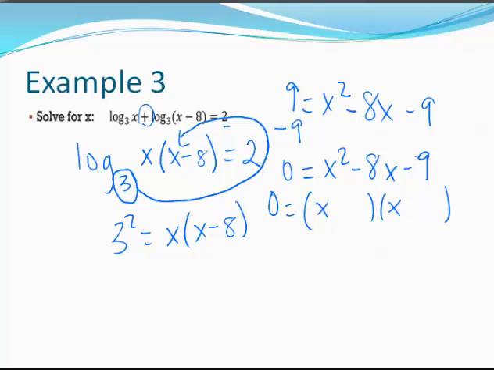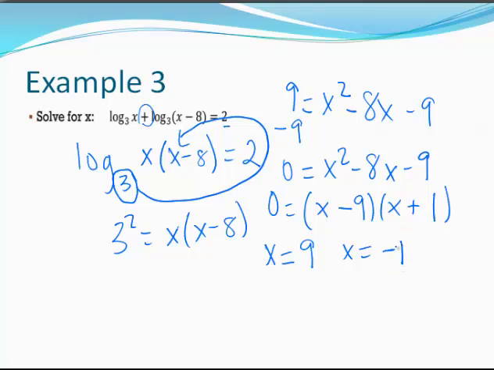Alright, negative 9 would be, that'd be minus 9 plus 1 to get a negative 9 and a negative 8. Then I set them both equal to 0, or I switch the sign, so x is going to equal 9 and x is going to equal negative 1. Now, if you think back to parent functions, logarithms have a rule that you cannot have a negative logarithm.